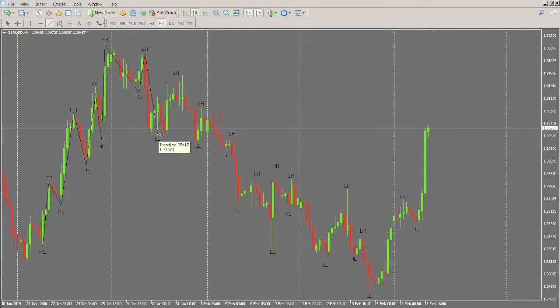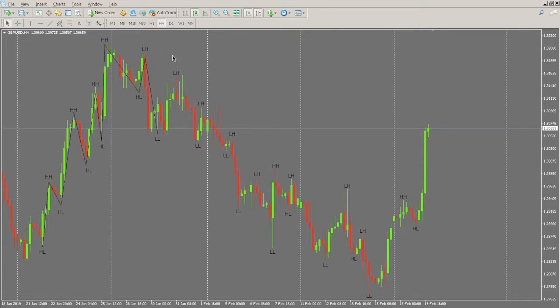Were the market to make a higher high, then you know that the buying power is still going up. But if all of a sudden the market structure is making a lower high instead of a higher high, that should give you a red flag.